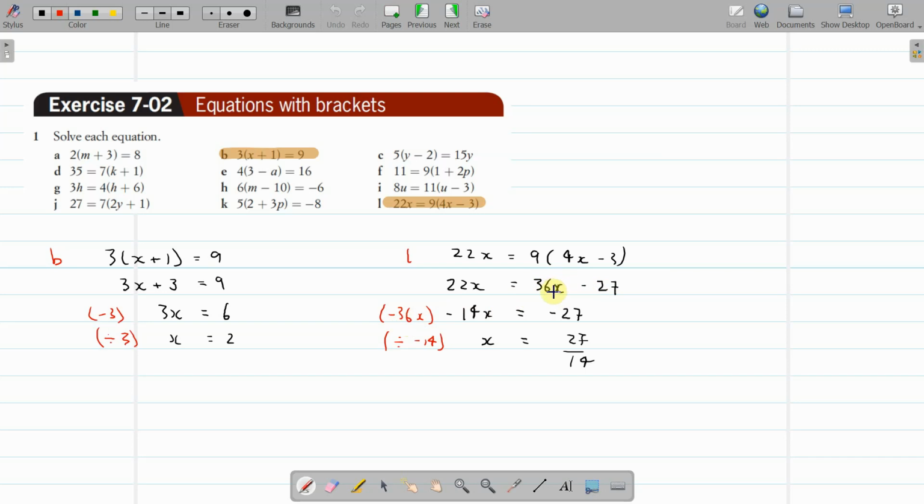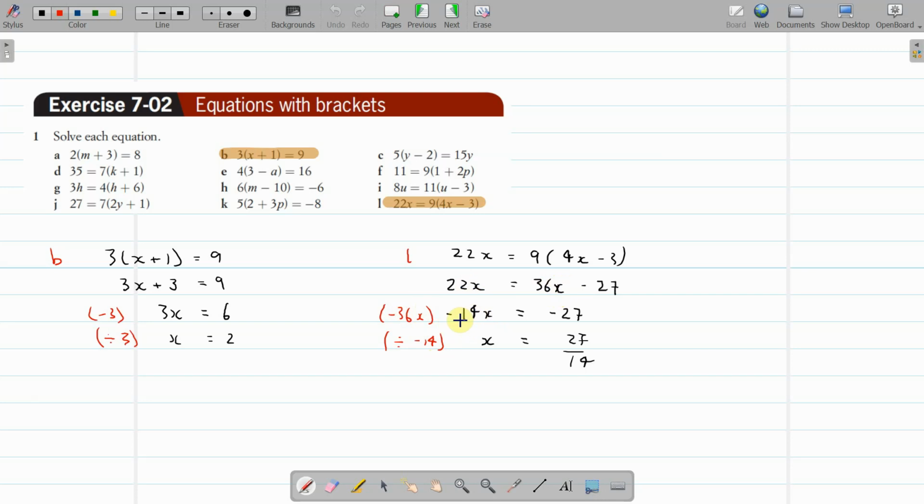Once we do that, the 36x has disappeared. But then we do the minus 36x to this side. 22x minus 36x is minus 14x. So we've just done the minus 36x from both sides. The result is that goes, and that becomes minus 14x.